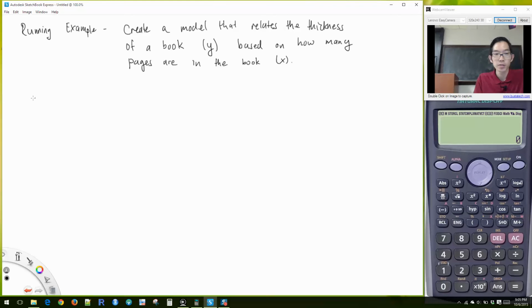In our case, x is known as our predictor, or also the independent variable. This is the variable we use to make a prediction.